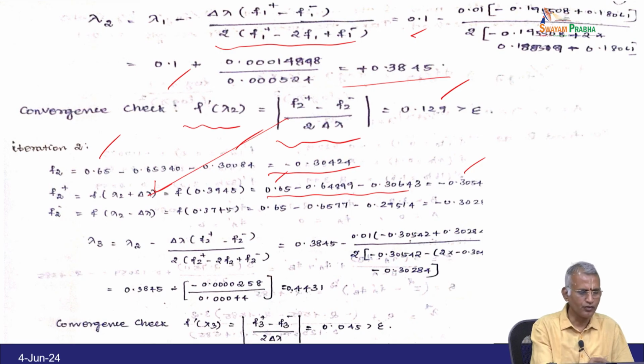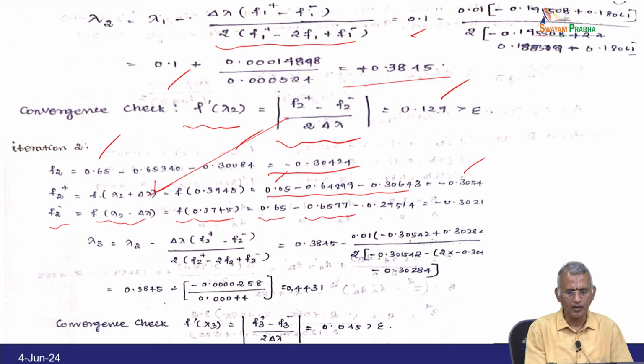And similarly f2 minus equal to f of lambda 2 minus delta lambda, which is equal to f of 0.3745, which is equal to 0.65 minus 0.6577 minus 0.29514 equal to minus 0.3021.